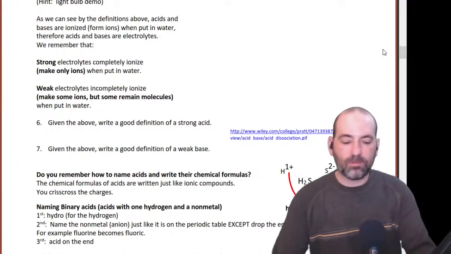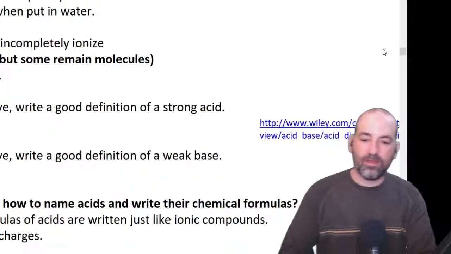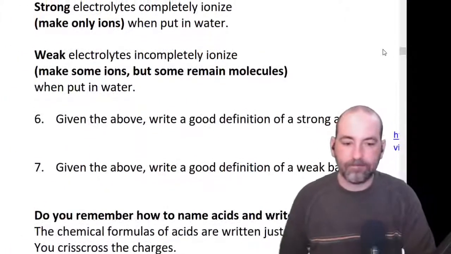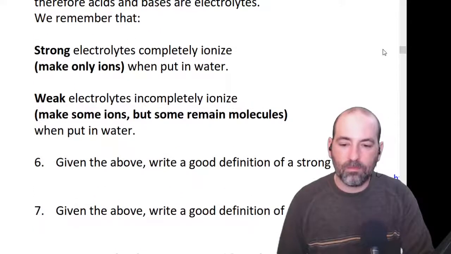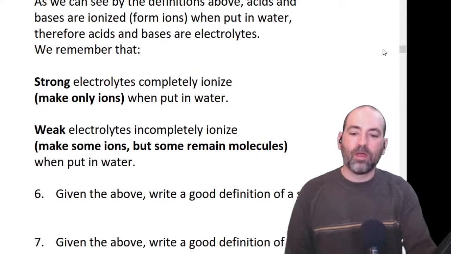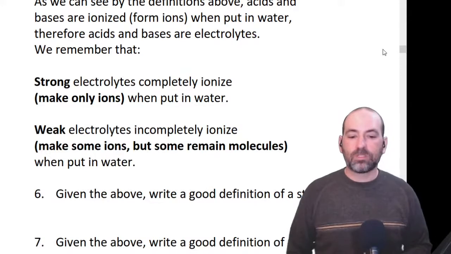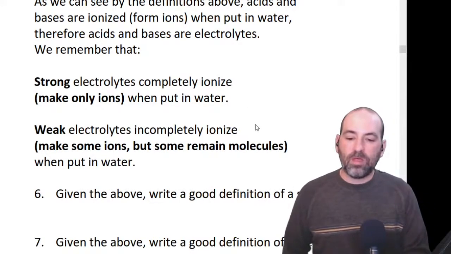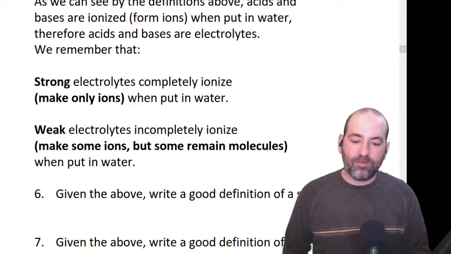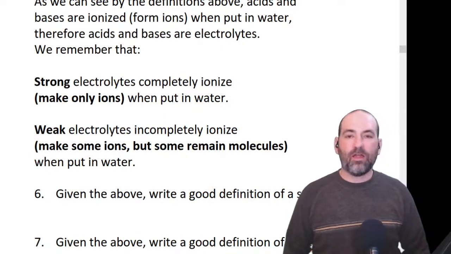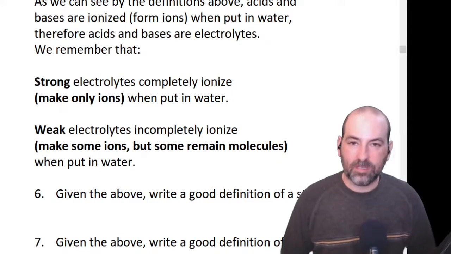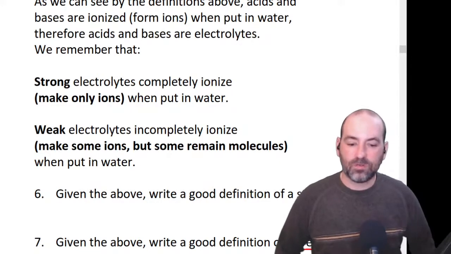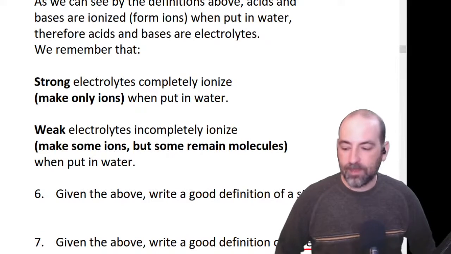Okay, so we're not going to follow exactly the way this handout goes. We're just going to hit some of the main points. But this is one of the most important in terms of definitions in this chapter. We have these terms strong and weak, and they are extremely often misunderstood and confused when we talk about acids and bases.